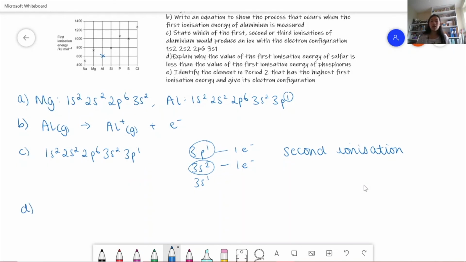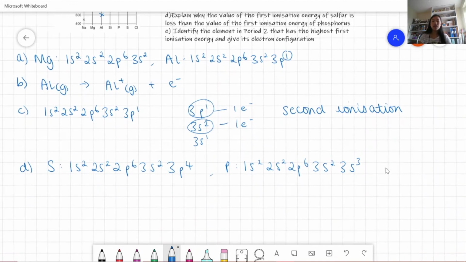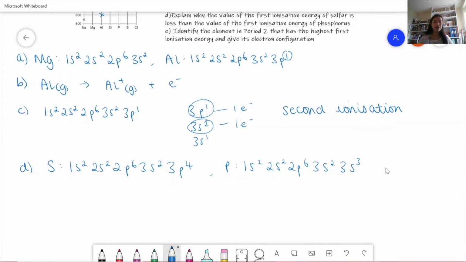And then for D, explain why the value of the first ionisation energy of sulfur is less than the value of the first ionisation energy of phosphorus. So if we have a look at the electron configurations, sulfur is 1s2, 2s2, 2p6, 3s2, 3p4, and then we have phosphorus, which is 1s2, 2s2, 2p6, 3s2, 3p3, sorry.